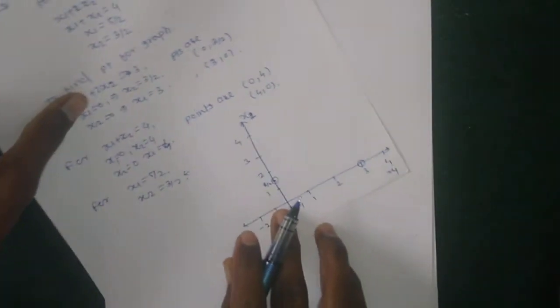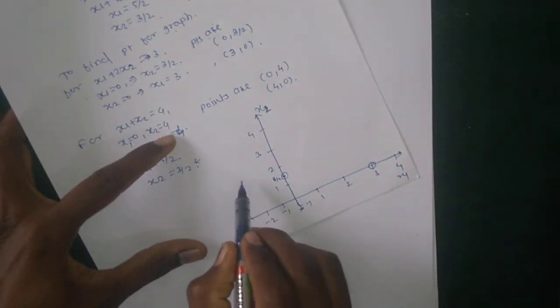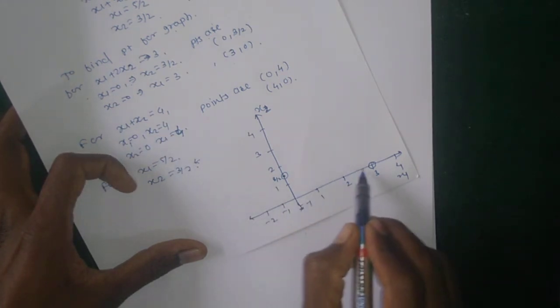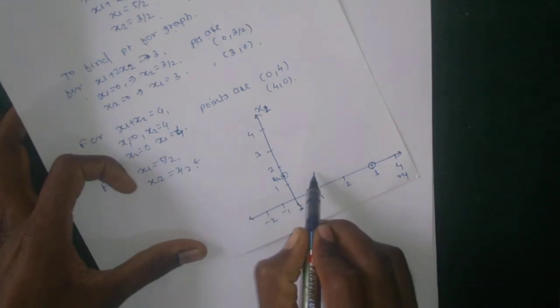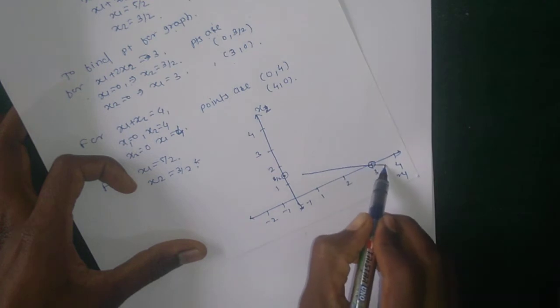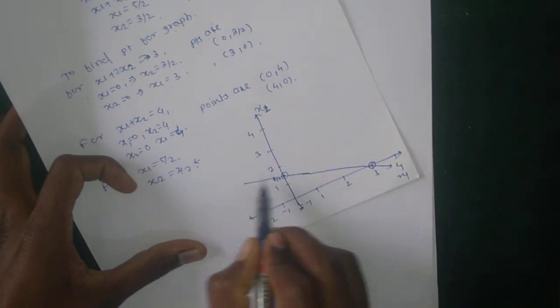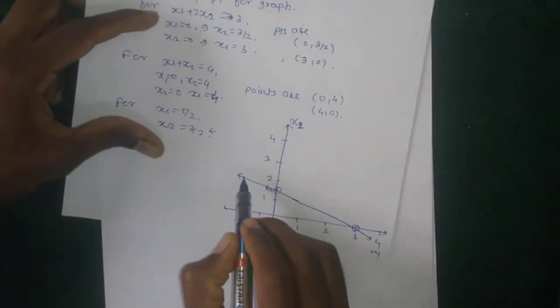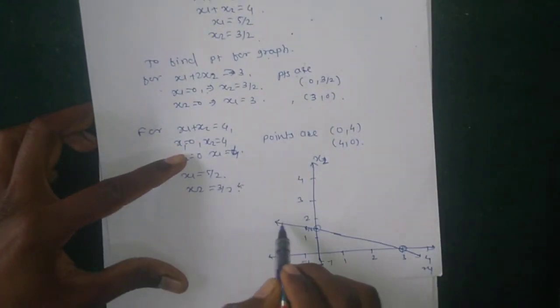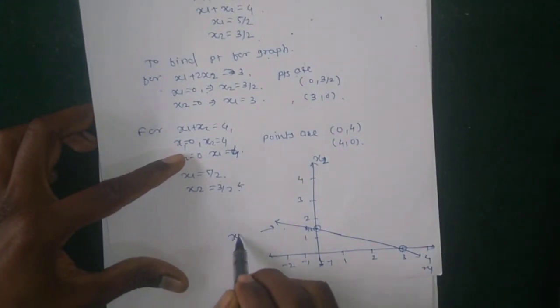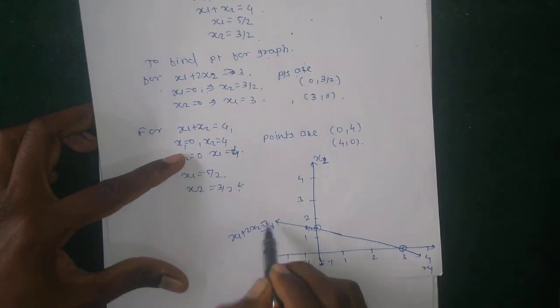Joining these 2 points, we get this line, x1 plus 2x2 equal to 3.